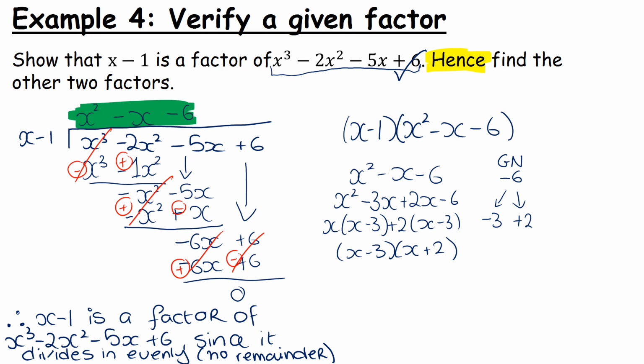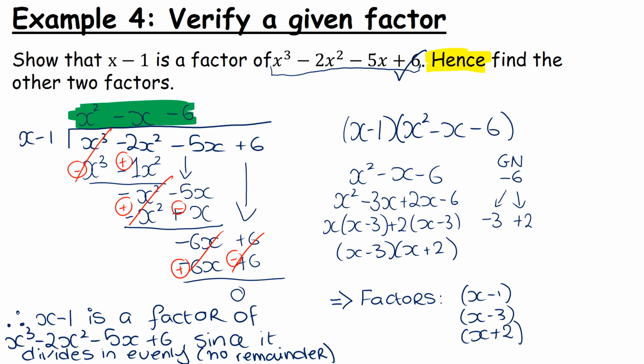So actually the factors are x minus 1, which we were given, x minus 3, and x plus 2. So we have to use our answer, so hence, to find the other two factors. So basically we take our answer, and we know that x squared minus x minus 6 is a factor, but it's not the smallest factor. We can break that into its own factors.